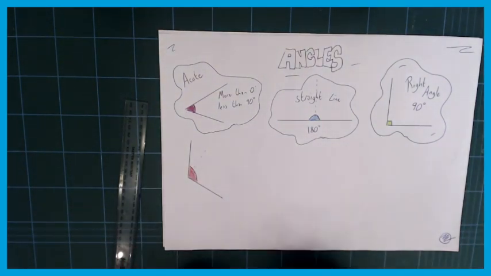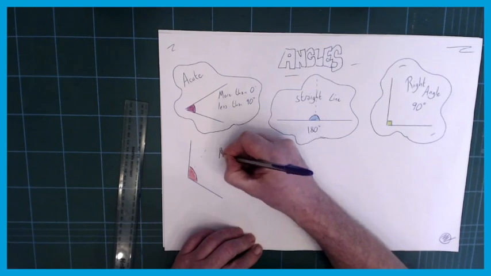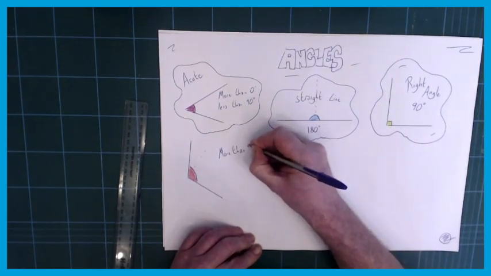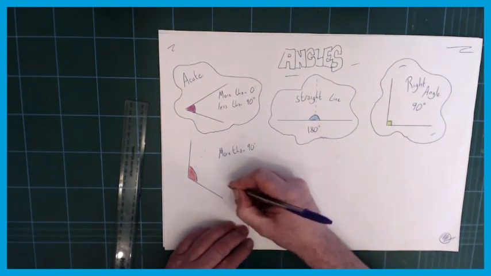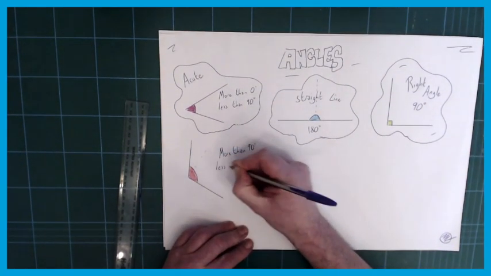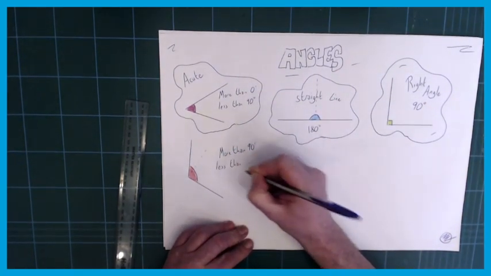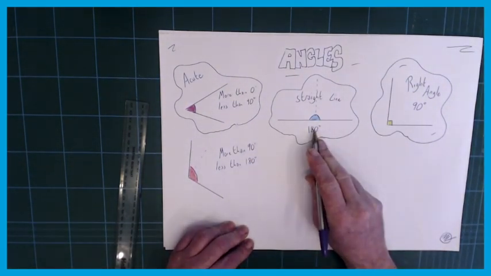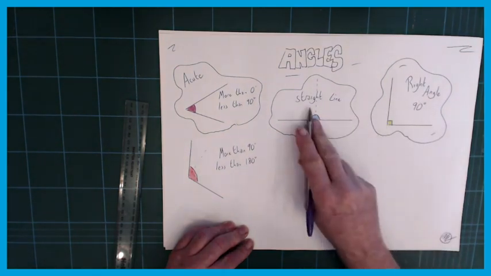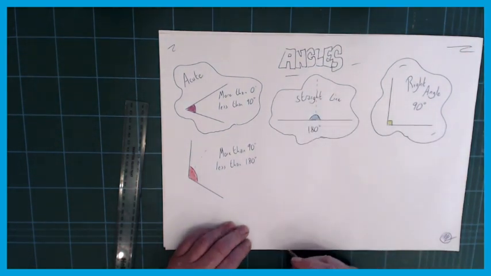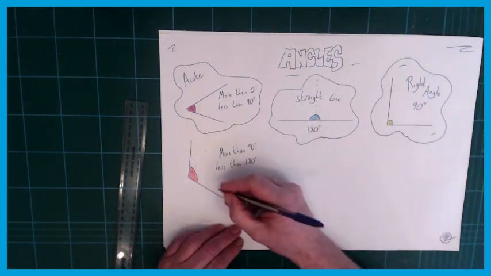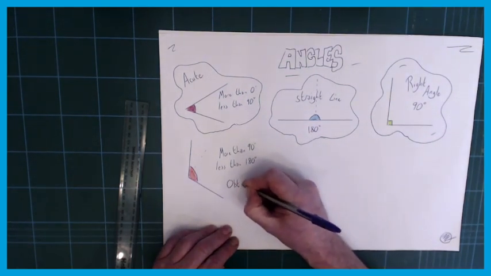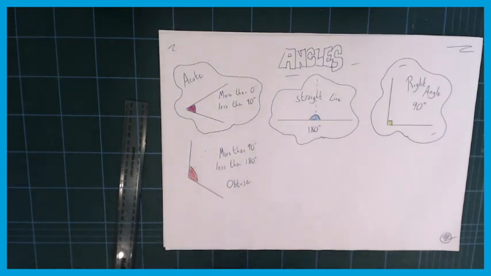Pink. And this, therefore, is more than 90 degrees, but less than 180 degrees, like your straight line. So it's more than a right angle, less than a straight line. And this one is called obtuse, the obtuse angle.